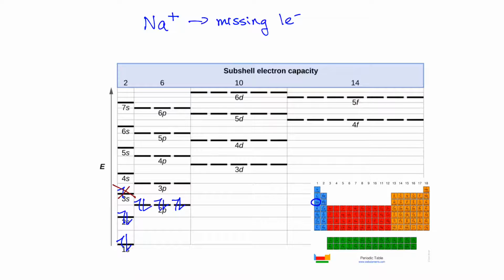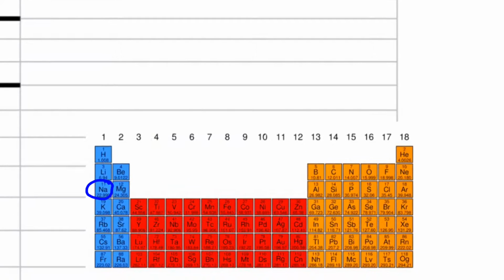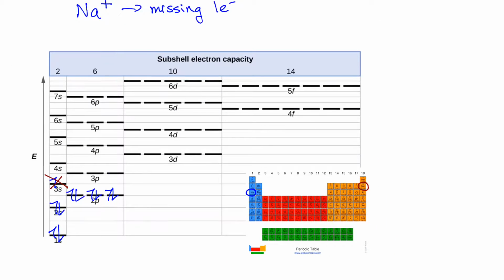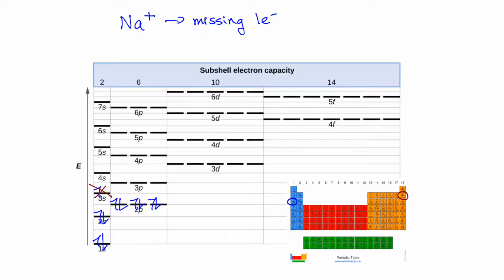And it turns out, if you look at your periodic table, we now match up with our noble gas neon with 10 electrons.